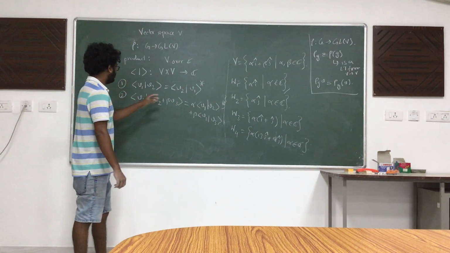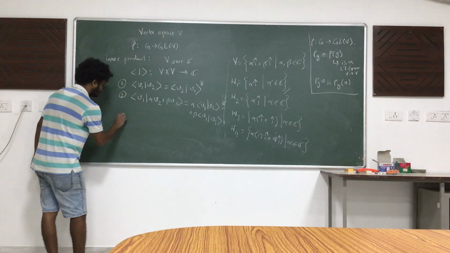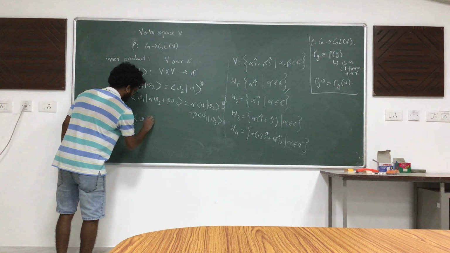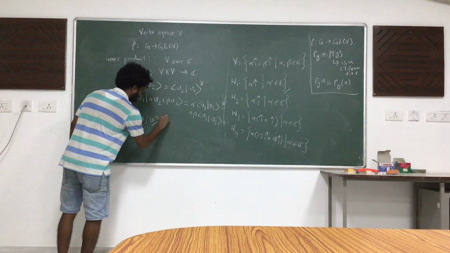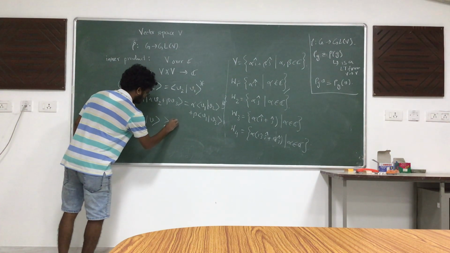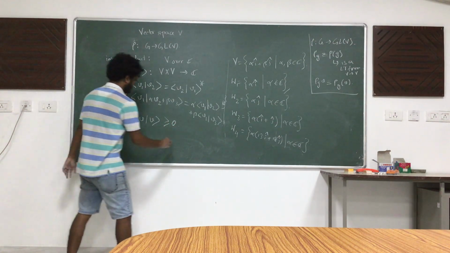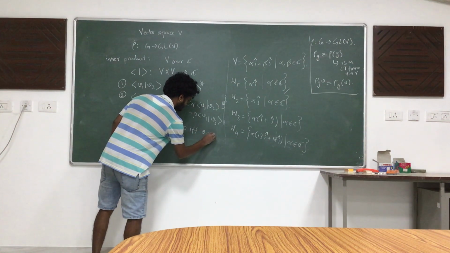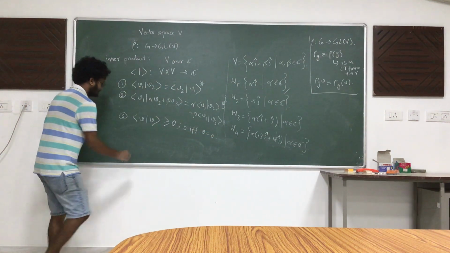So v1, v2, and what was the third condition? The inner product of v with itself is greater than or equal to 0, and 0 if and only if v is 0.